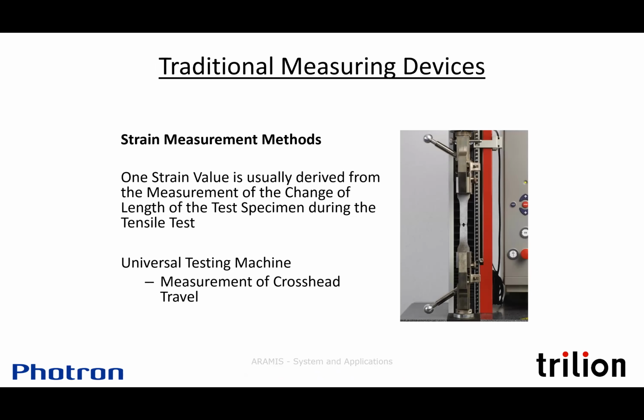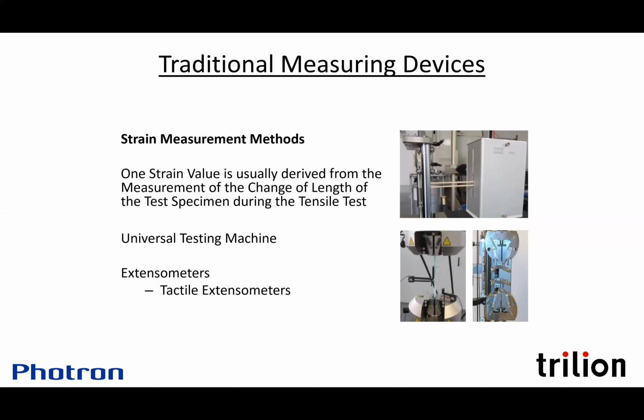If we compare that to traditional measuring devices like you would use on your MTS load frame, typically we're getting out one data point. We're either tracking just the crosshead travel itself and reporting that as the average strain. We may be attaching a clip gauge, a mechanical extensometer, and getting the average data between 2 points that way.